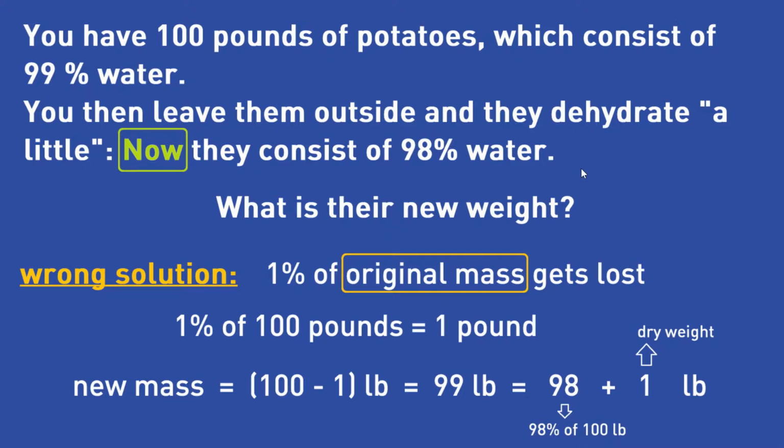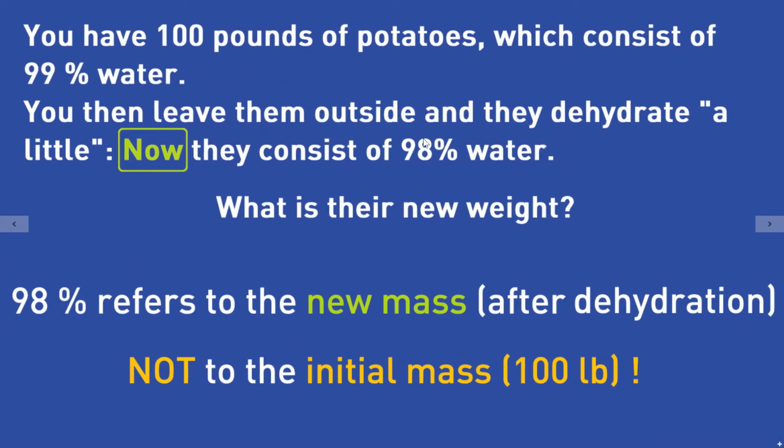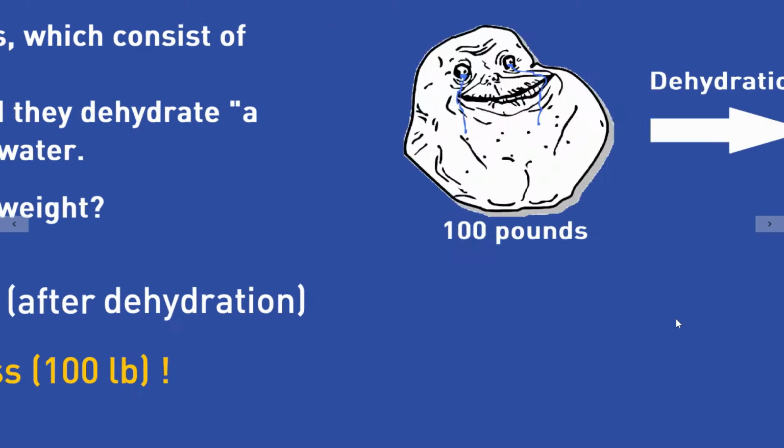So one more time, the 98% water does not refer to the initial weight of 100 pounds, but to the new weight after the dehydration process. Let's visualize the problem and the solution in a picture so you understand what is happening.